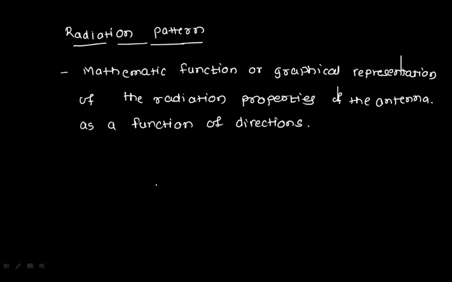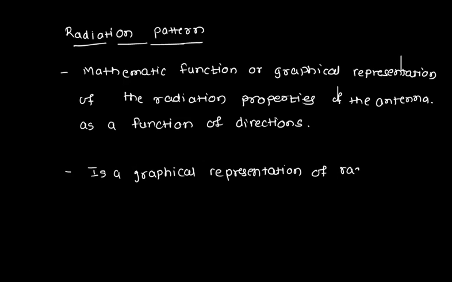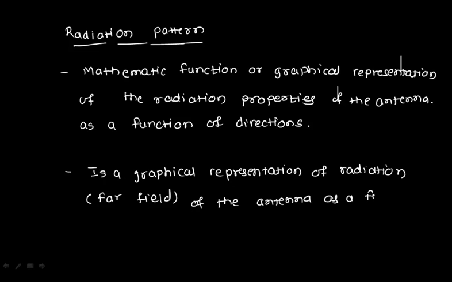This is one definition. In a very simple form, I'm going to give you another definition. The radiation pattern is a graphical representation of radiation of the antenna, and you are considering the far field region, as a function of direction.